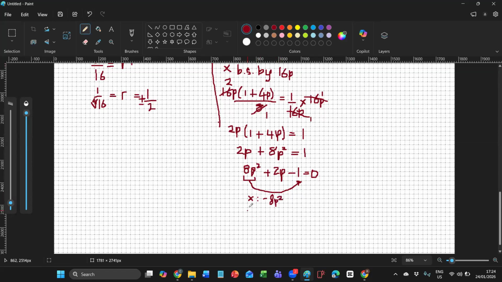Remember to always take the sign. Their product is minus 8p squared, and their sum is plus 2. Have you thought of two numbers that will meet that criteria?